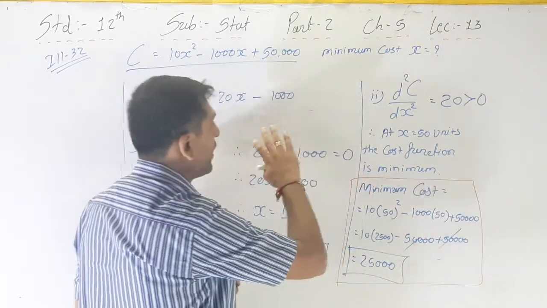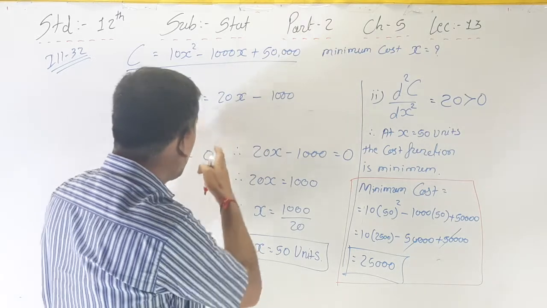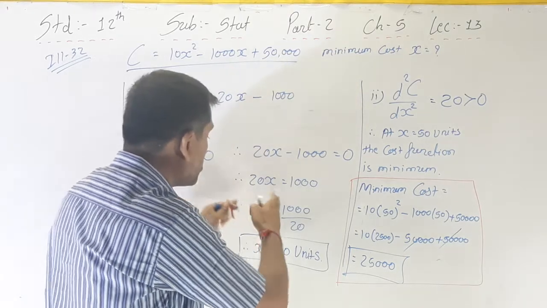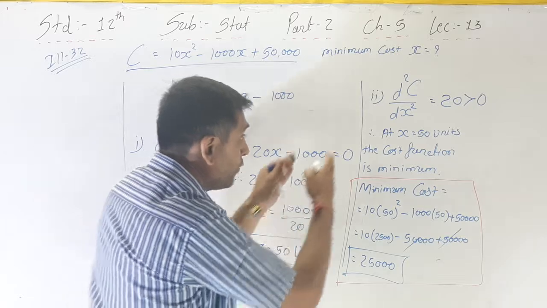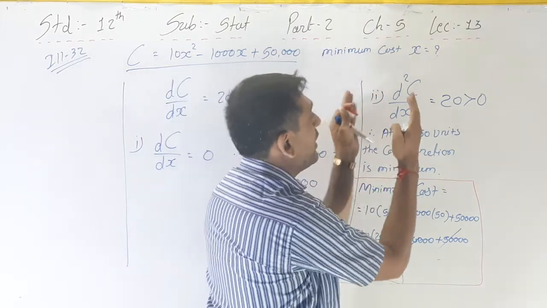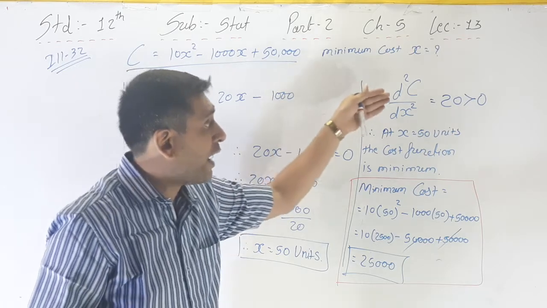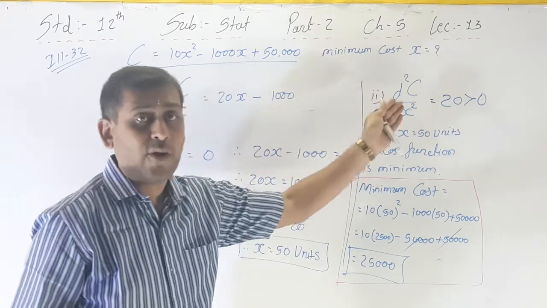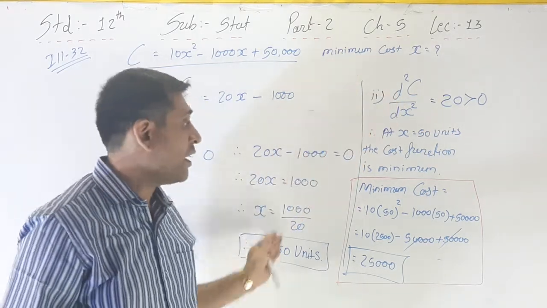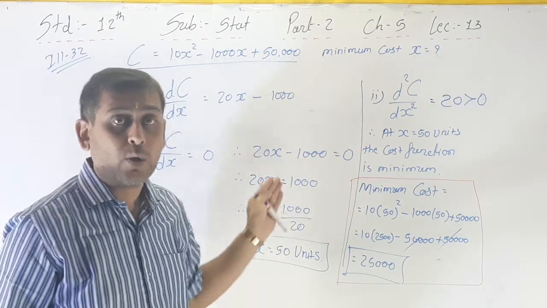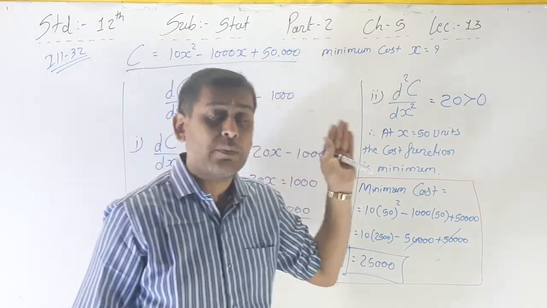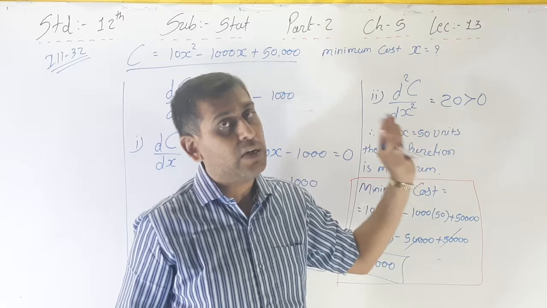We just have to find this: the first differentiation equal to 0 gives the value of x, then the second differentiation is positive, and when these two conditions are fulfilled, we can say that at that particular x value the cost function is minimum.